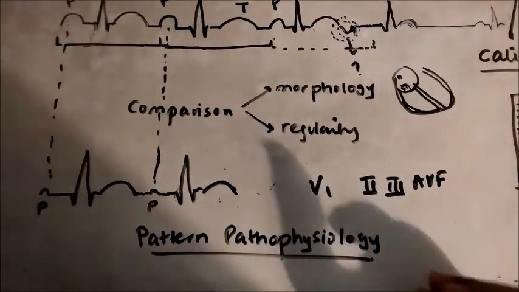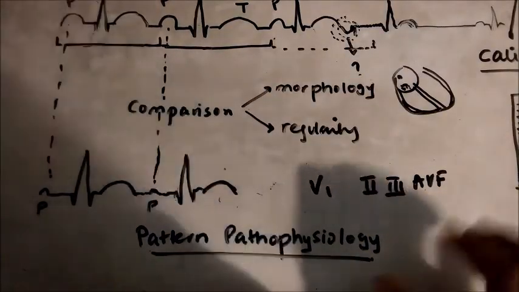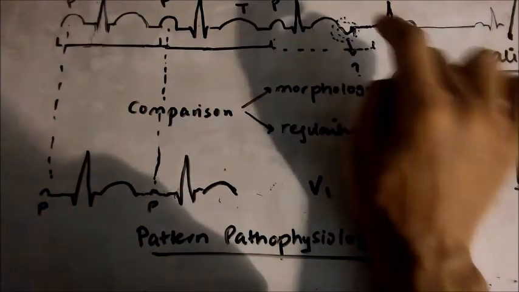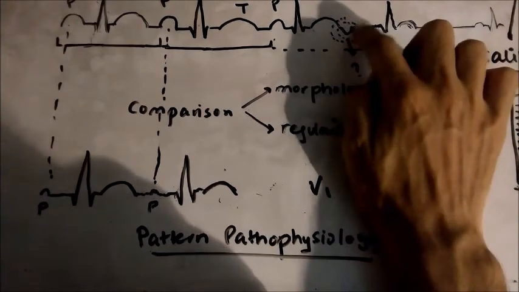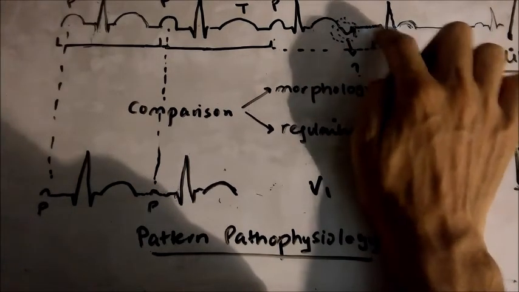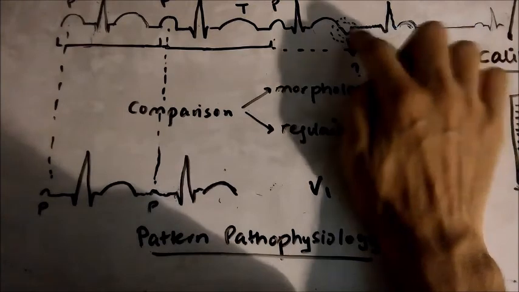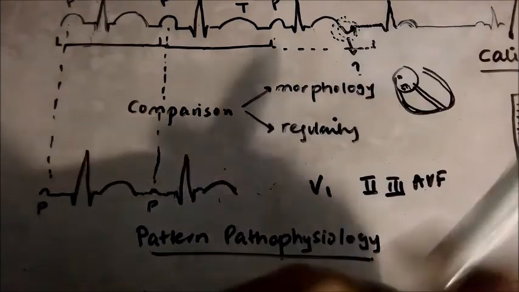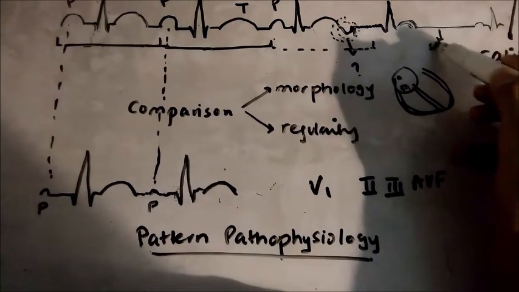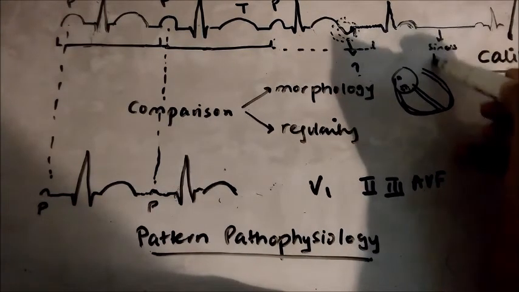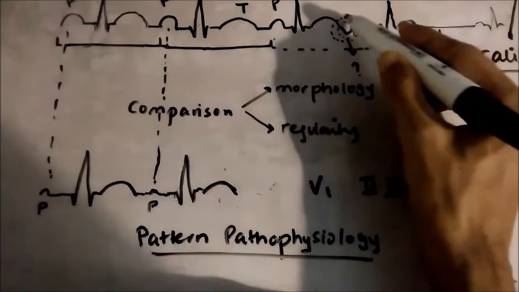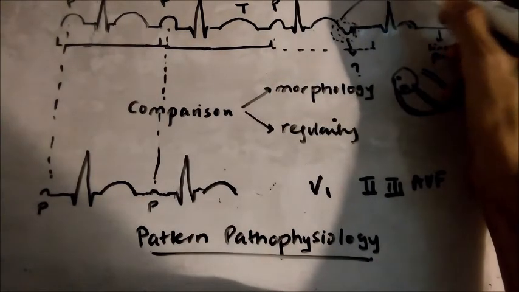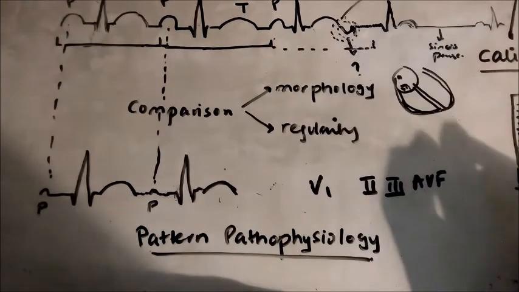So this is what I mean by pattern pathophysiology, right? We knew about this wave looking abnormal in its morphology, occurring early, and then we saw this delay, this prolonged PR interval, and then we had this sinus pause. So all these criteria are meeting the criteria of a premature beat, or a PAC, premature atrial contraction.